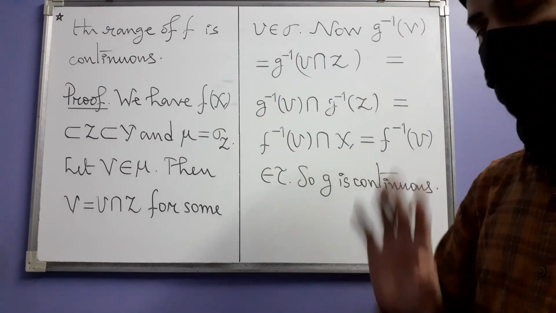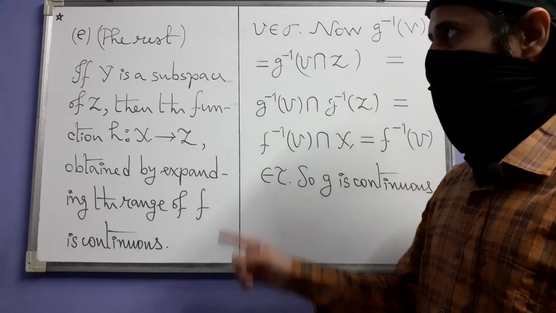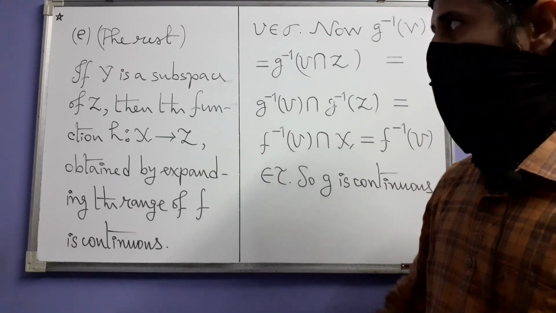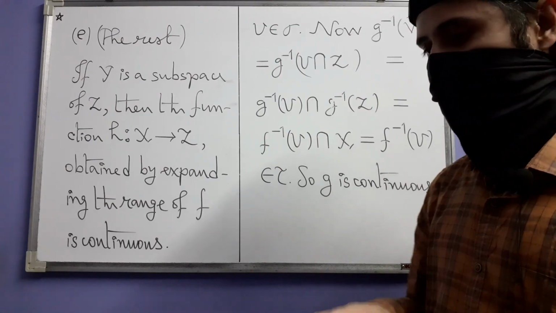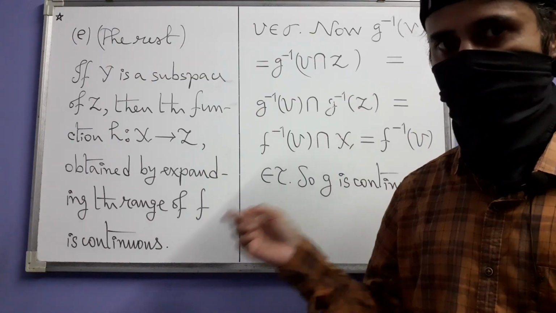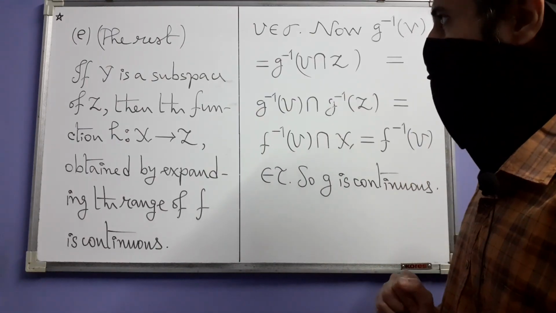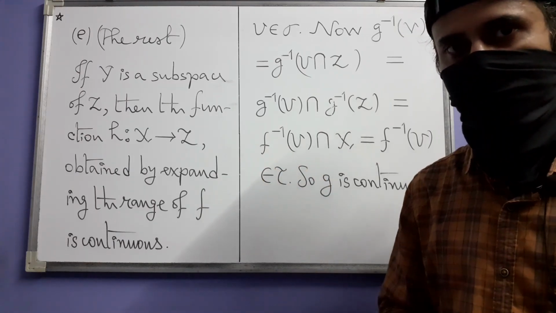Now let's see the other half of this same part E. So this is the rest of E. This time the relationship between the spaces Y and Z is the opposite of what we have done just now. That is, this time Z is the larger space in which Y is a subspace.